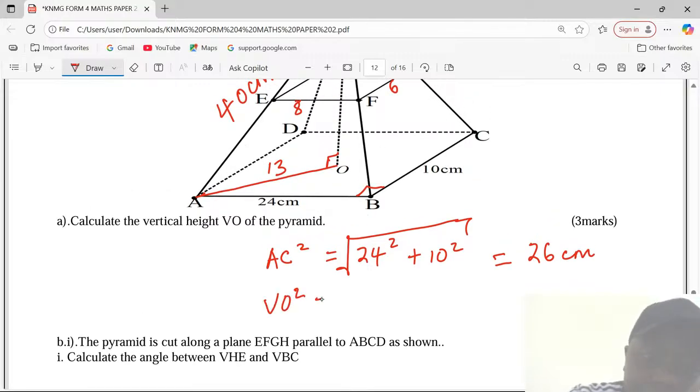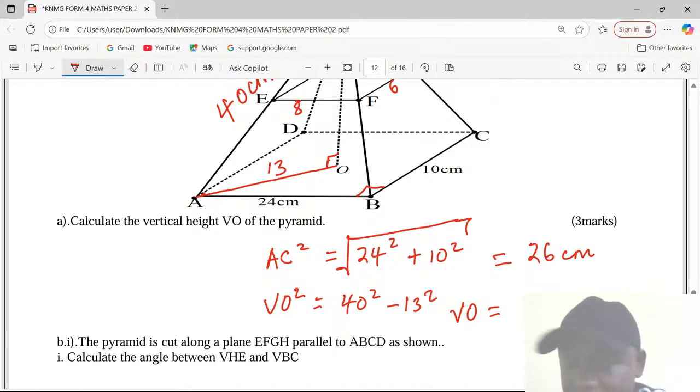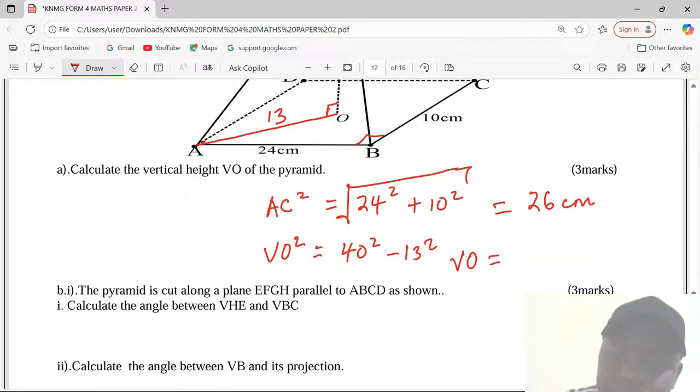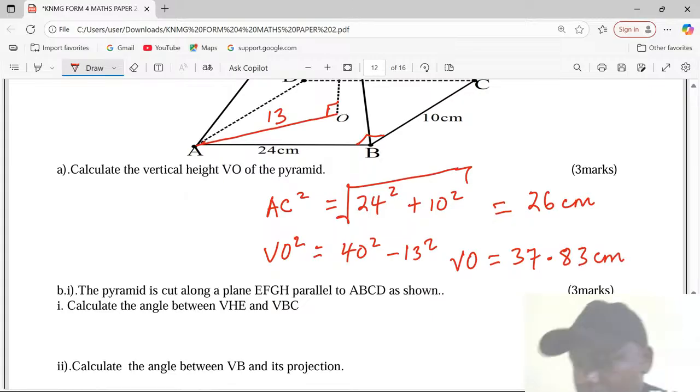VO squared equals 40 squared minus 13 squared, so we get VO by taking the square root of 40 squared minus 13 squared. This is 37.83 centimeters.